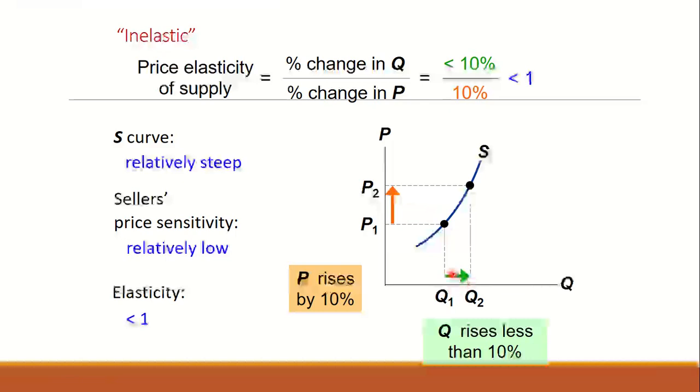So there is a relatively small change in quantity as compared to price. By putting these values in the formula, price elasticity of supply is equal to percentage change in quantity, that is less than 10%, over percentage change in price, that is 10%, which is less than 1. So the price elasticity of supply is less than 1, showing inelastic supply.